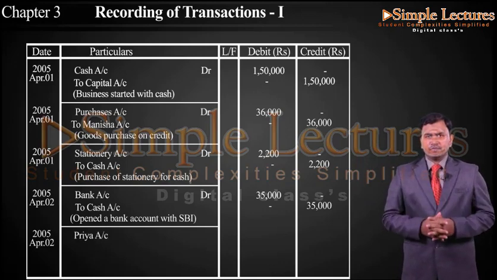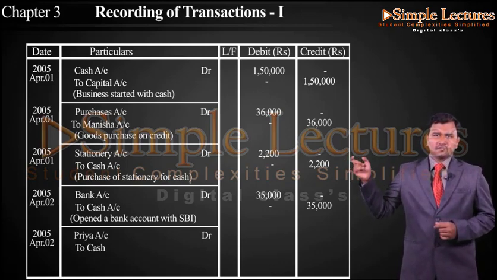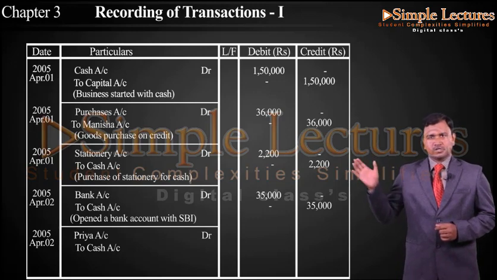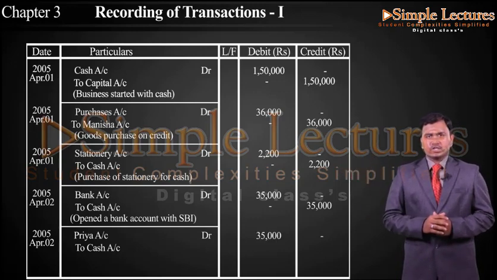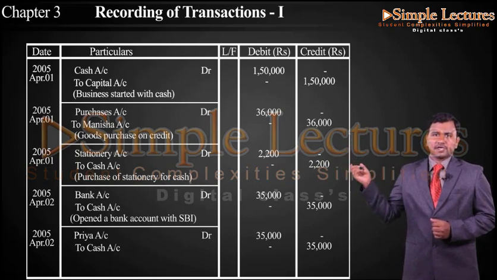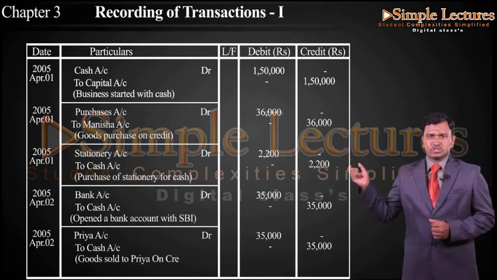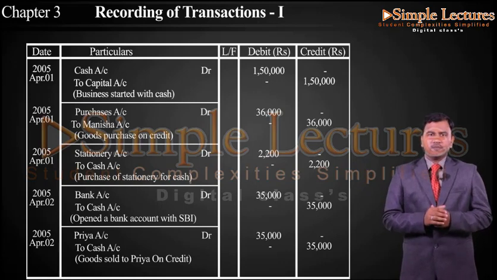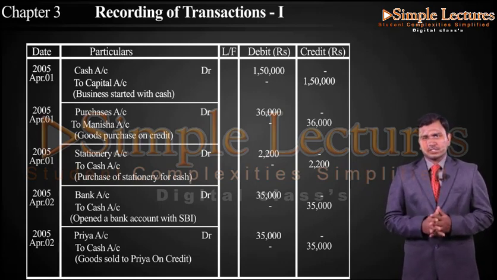So the entry will be 2/4/2005 bank account debtor to cash account. Debit amount 35,000, again credit amount 35,000. The narration will be opened a bank account with cash rupees 35,000 with State Bank of India.